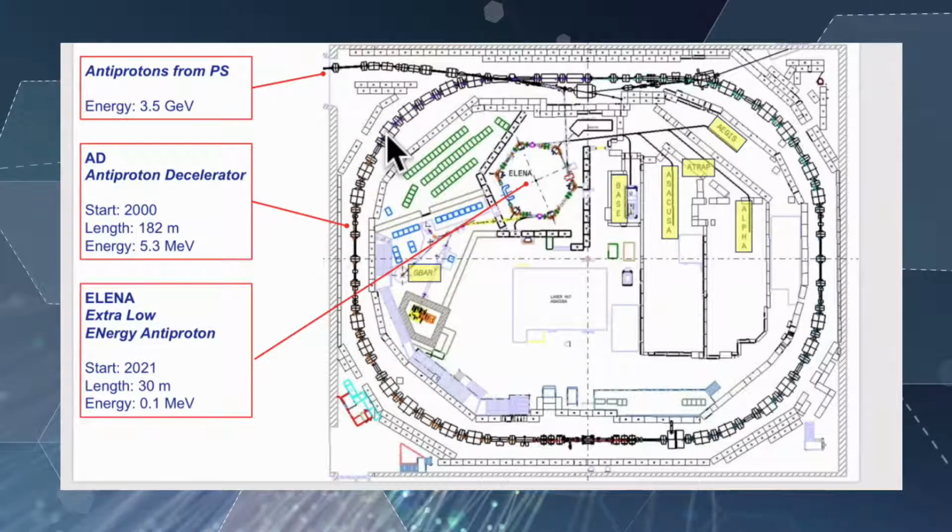You remember the blocks of concrete that I said before? The Elena is surrounded by blocks of concrete, but nothing on top, while the AD is surrounded by vertical blocks of concrete, but also horizontal. So the walkway around the AD building is on top of the AD accelerator.